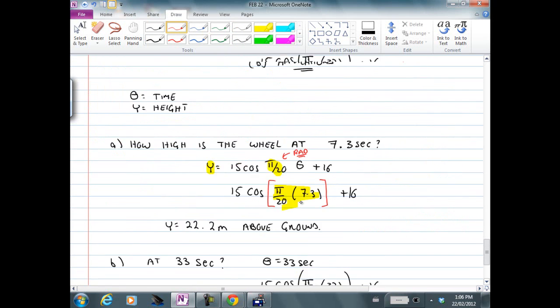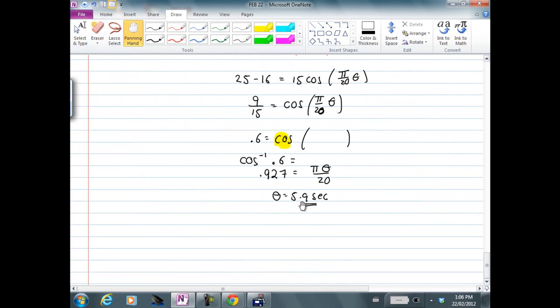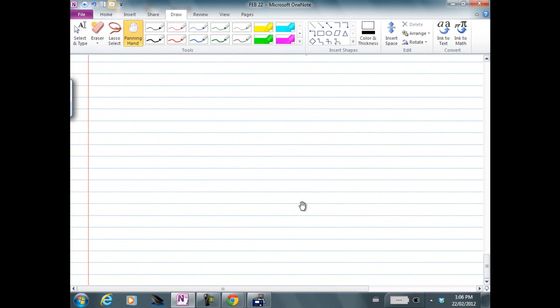Let's say a Ferris wheel has a radius of 25 meters.